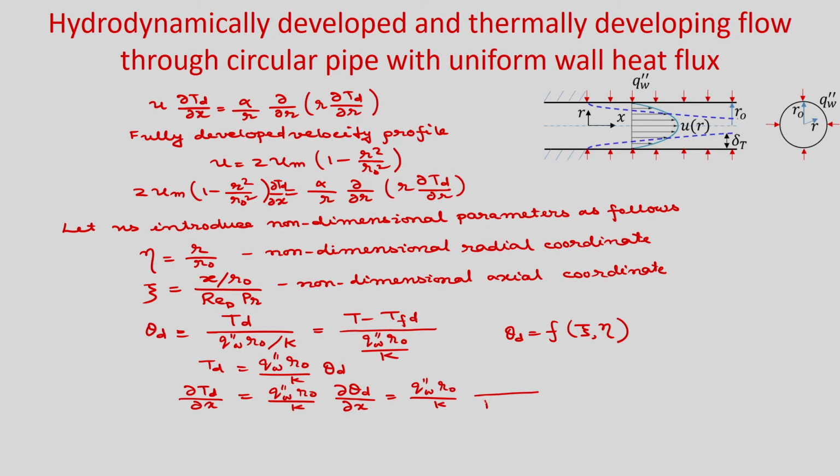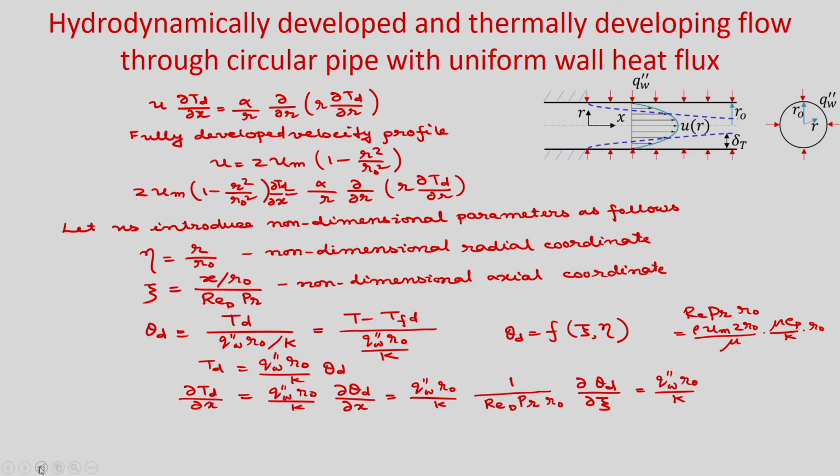So it will be Reynolds number into Prandtl number into r_0 ∂θ_d/∂ζ. Now, Reynolds number into Prandtl number into r_0: what will it be? It is ρ u_m twice r_0 by μ, times μ C_p by k, into r_0.